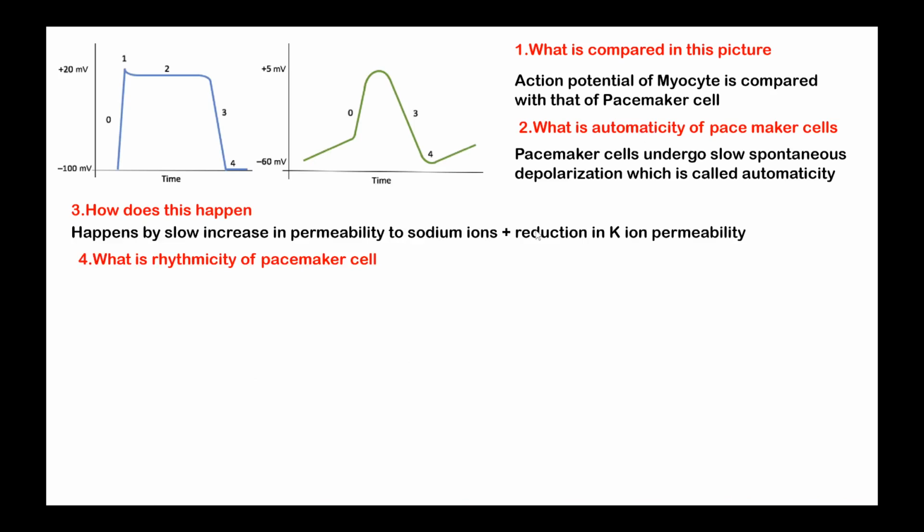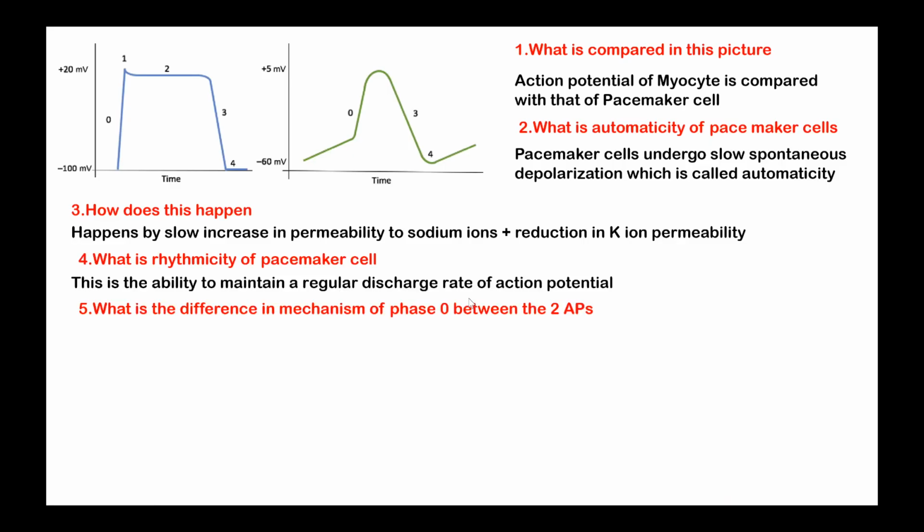One is automaticity, other is rhythmicity. Automaticity is because of the permeability to slow sodium ion entry, making it automatically reach the threshold. And what is the rhythmicity? Regular ability to maintain a regular discharge rate of action potential.